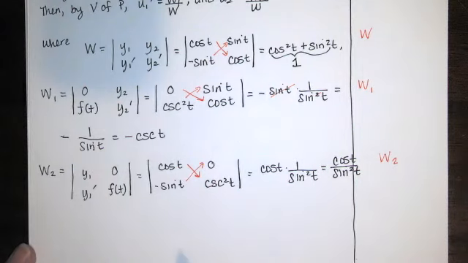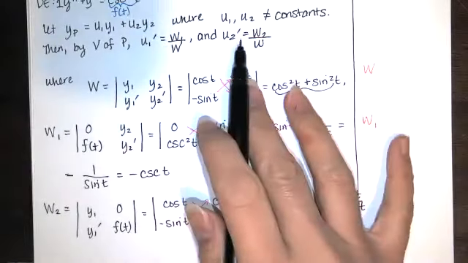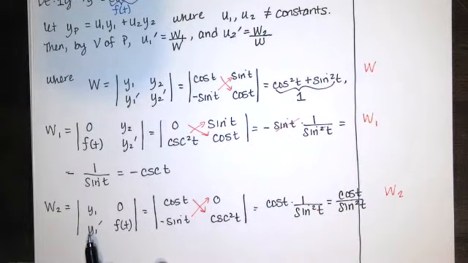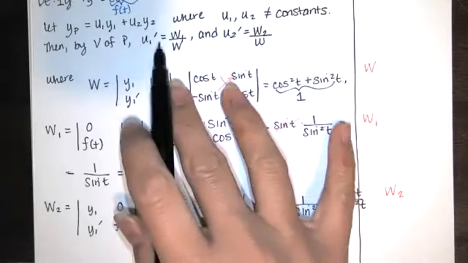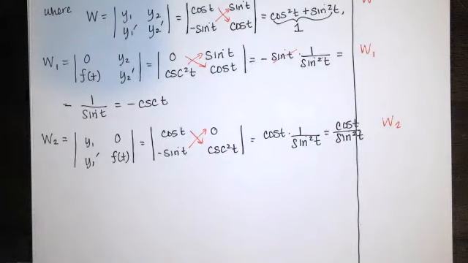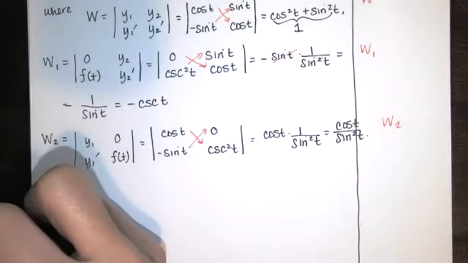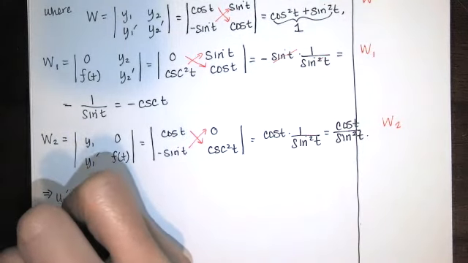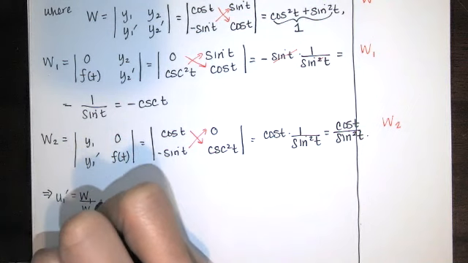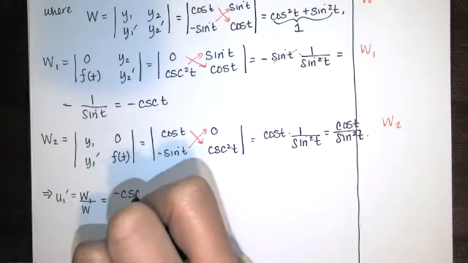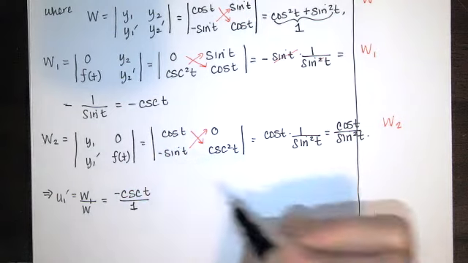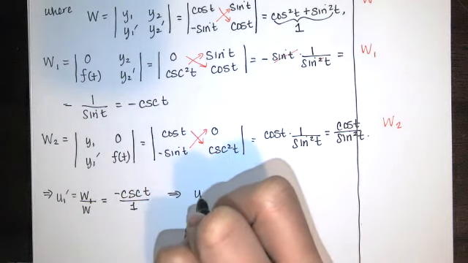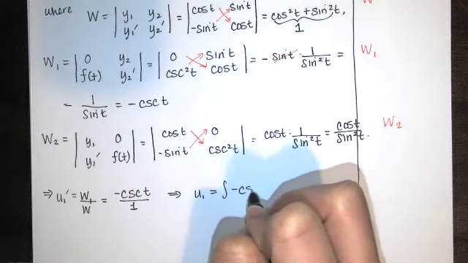All right. So we know that u1 prime and u2 prime have this form where these are our w's. Now let's find u1 prime and u2 prime. So u1 prime is w1 over w. So it's negative cosecant of t divided by 1. So that means u1 is the antiderivative of negative cosecant of t.